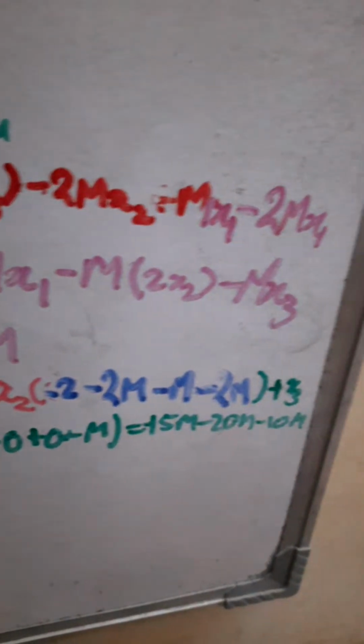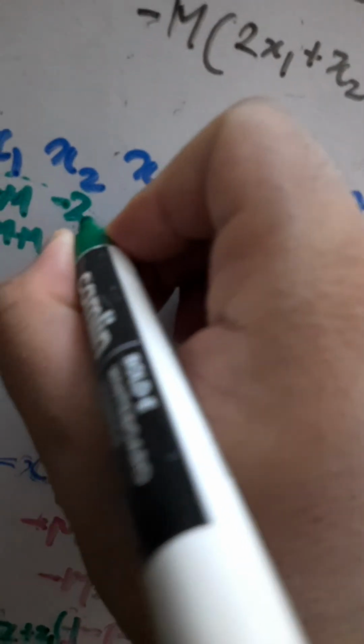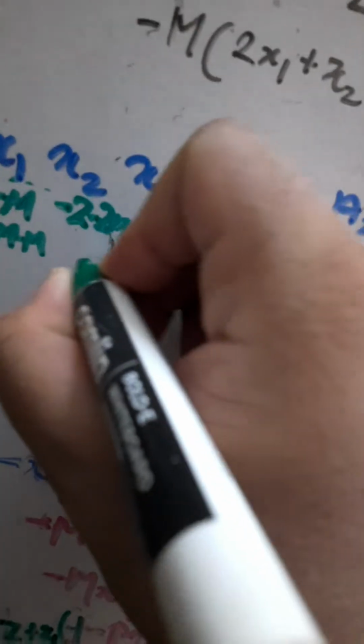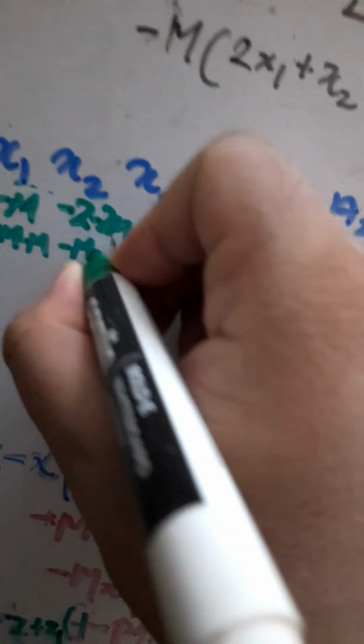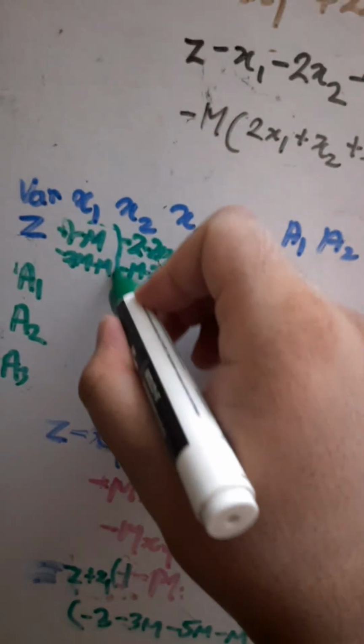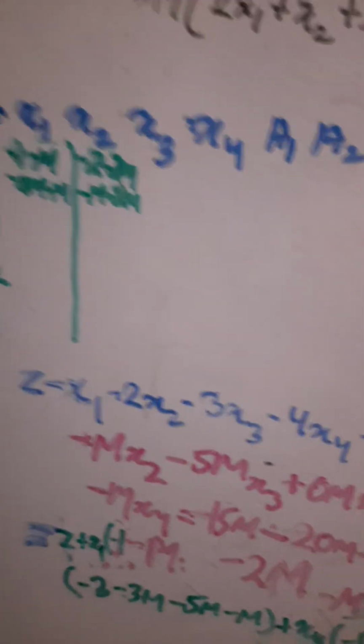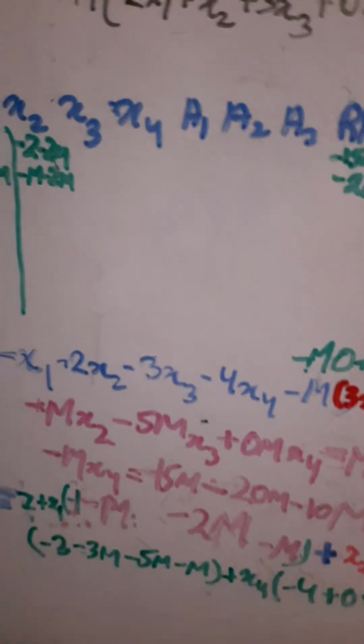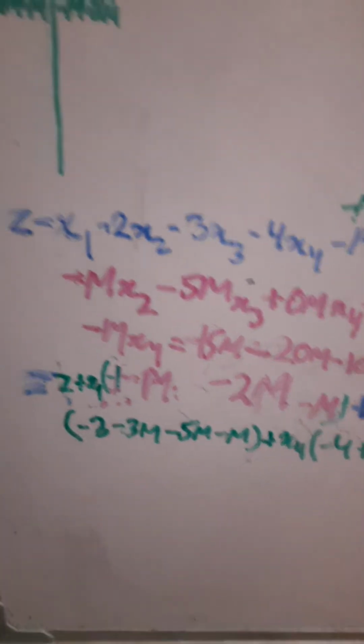X2 is here: minus 2 minus 2m minus m minus 2m. See, minus 2 minus 2m minus m minus 2m. Okay, might get confused, so let's put a line here to not go out of line. So for x3, this whole: minus 3 minus 3m minus 5m minus m.